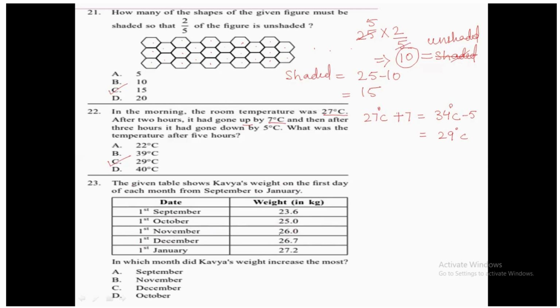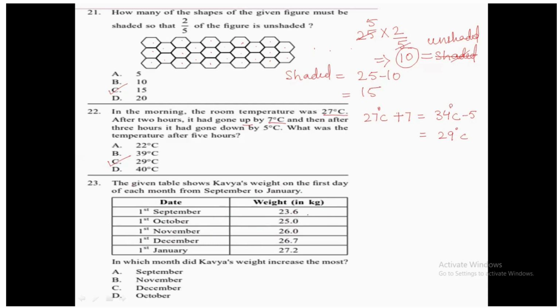Now, in which month did Kavya's weight increase the most? We need to find out in which month her weight increased by the most. First, on 1st September her weight is 23.6, and on 1st October it becomes 25.